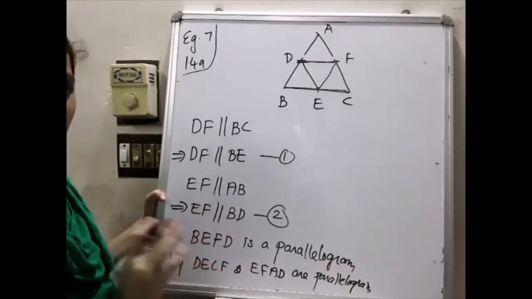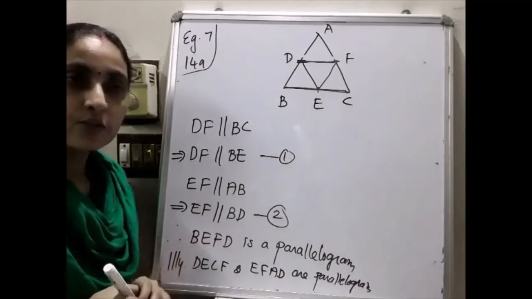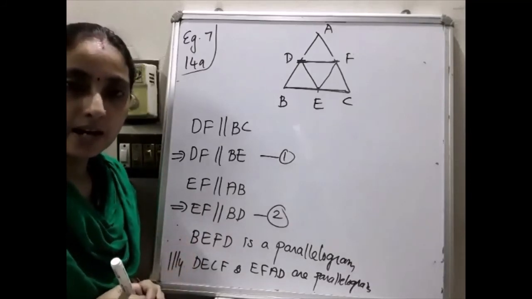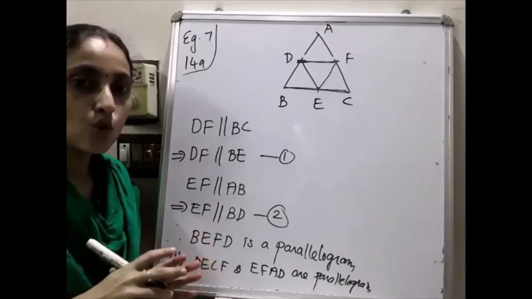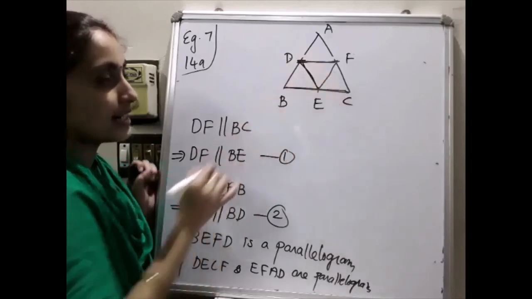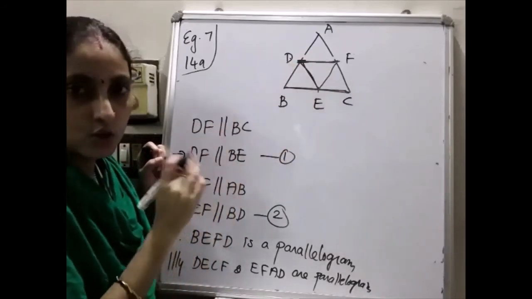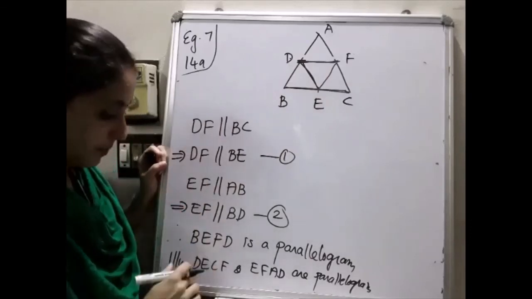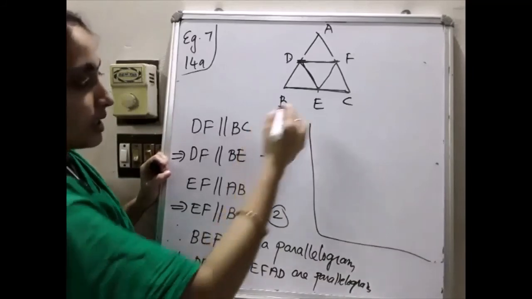What we have to prove is that they are congruent. You already studied in the first theorem that a diagonal of a parallelogram divides it into 2 congruent triangles.